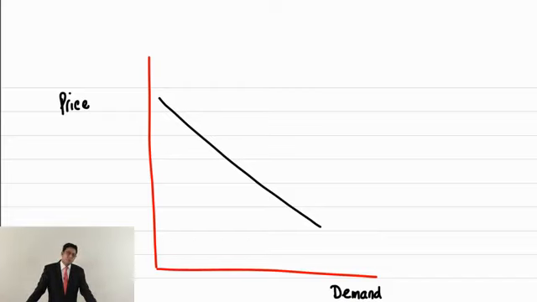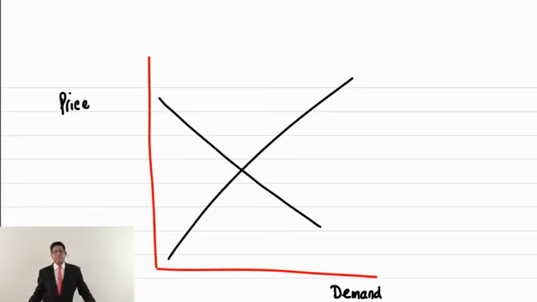If I want to draw a revenue or sales line, remember in CVP analysis the sales line was something like this. As the units increase, sales or revenue increases. Now the idea is simply this: wherever the marginal revenue cuts the demand function, that establishes an equilibrium, a balance.